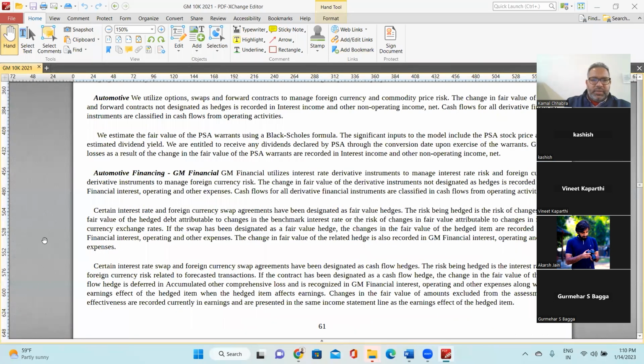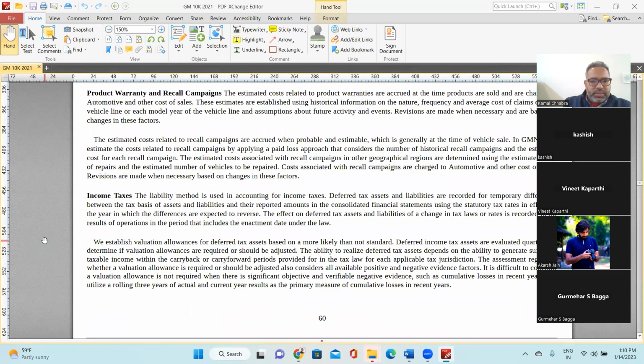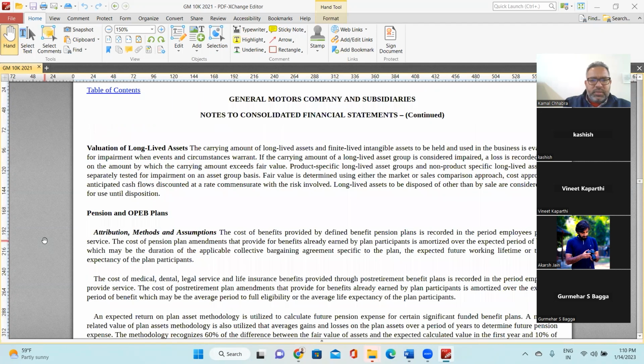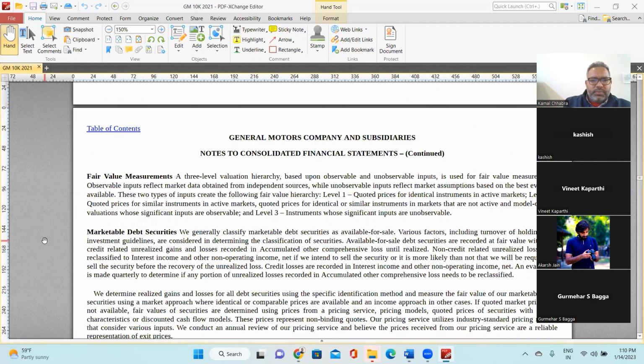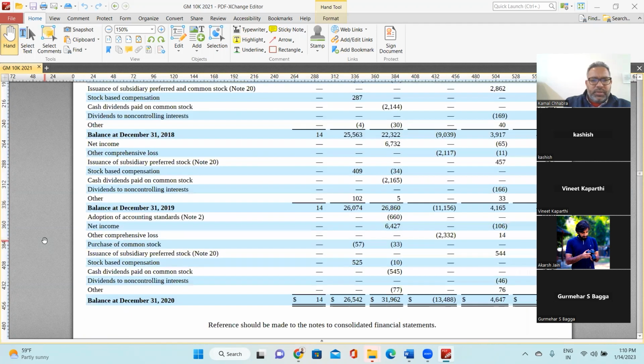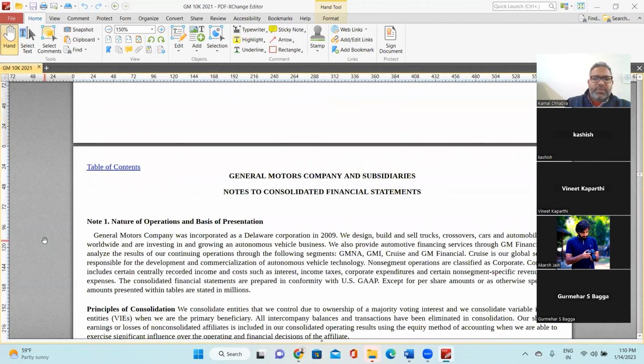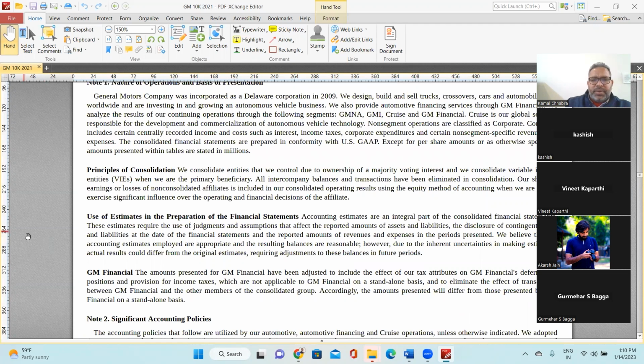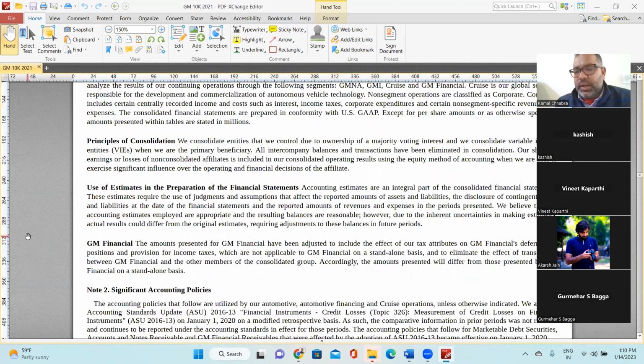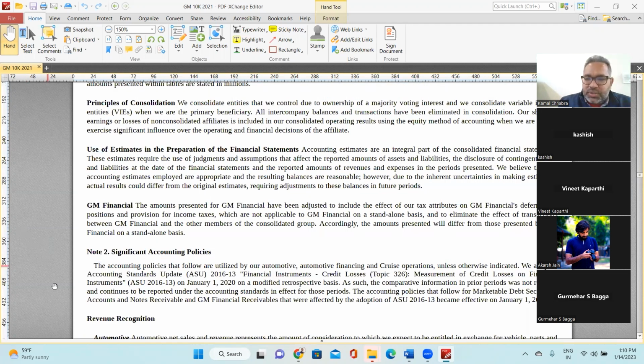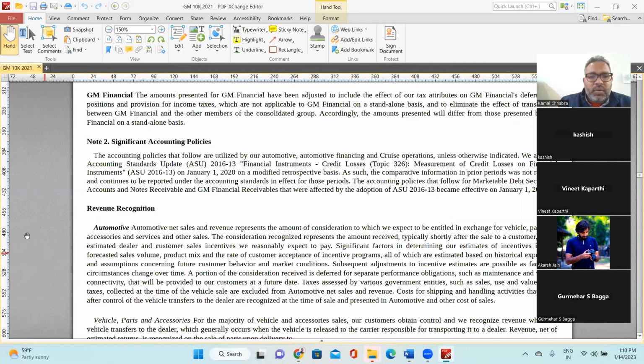If you see this General Motors financial statement, this is accounting policies. Here, if you see the accounting policies, principles of consolidation, like how they have done the consolidation of financial statements, use of estimates, where they have used estimates, GM Financial, significant accounting policies.